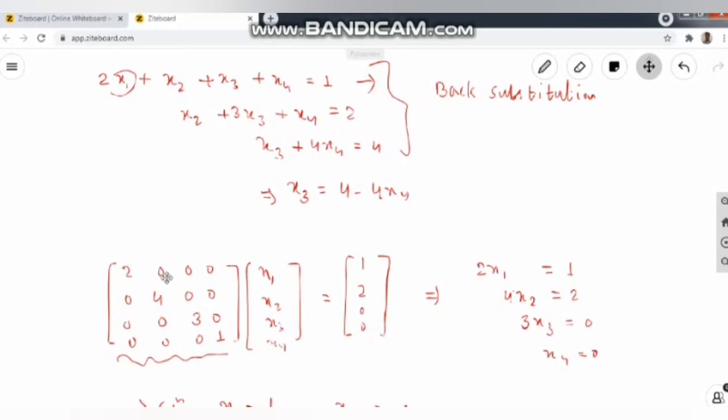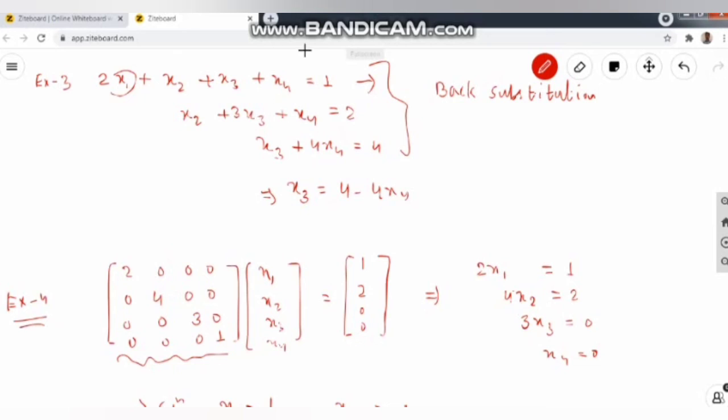So this system and that system are different. You can take this as one example.